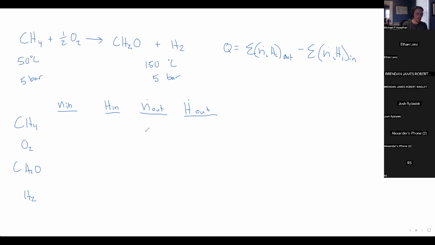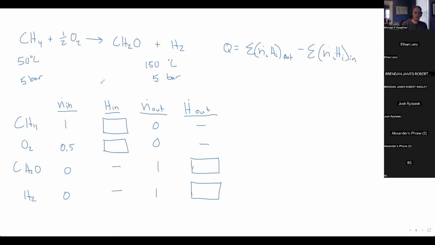Let's assume that this is our material balance: 1, 0.5, 0, 0, 0, 0, 1, and 1. So this is a stoichiometric reaction, so I don't need the zero entries. I just need to calculate 4 enthalpy values. This temperature is 50 degrees C. This temperature is 150 degrees C.